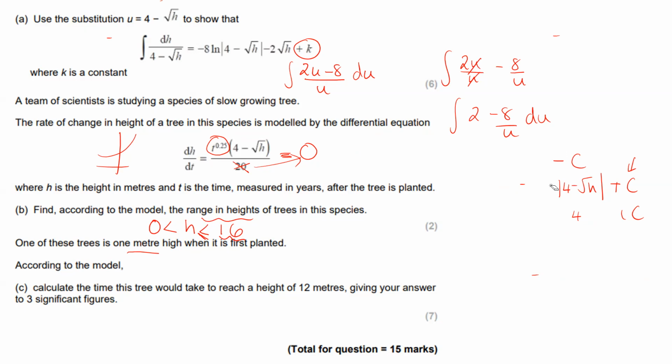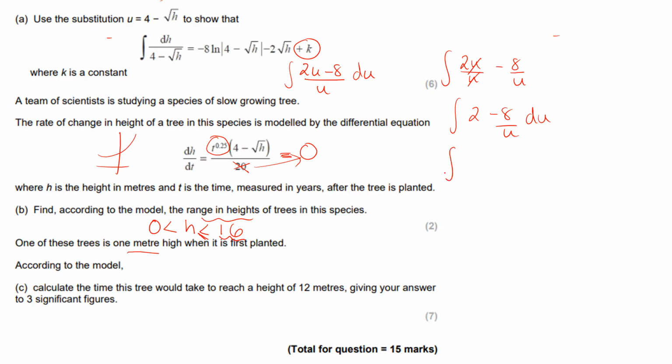Oh, do we want to integrate first? We first want to separate the variables, and we need to solve this differential equation. It doesn't say in the words of the question to solve the differential equation, but that's what we need to do to get the t. So we have to cross multiply.